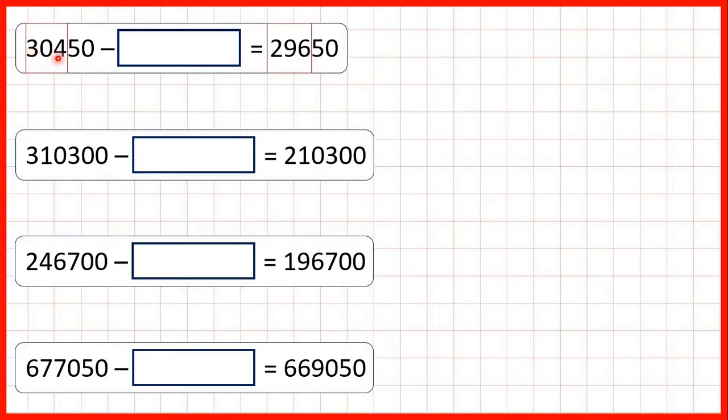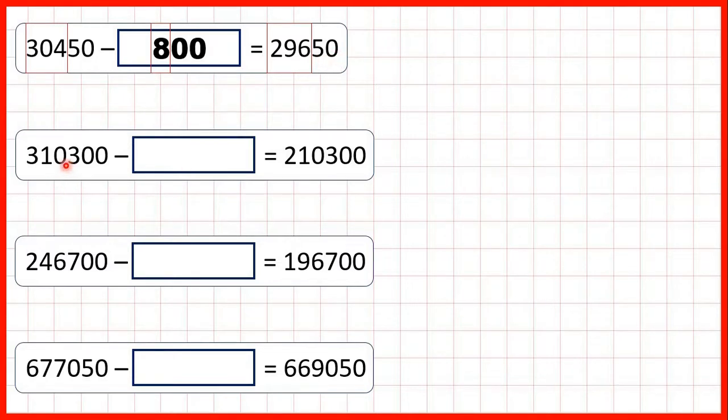We have 304 circled here, and then 296 circled in our answer. Now 304 minus 8 is 296, so our missing number is 800. That's 8 with 2 zeros on the end, because we can see that the last 2 digits of our number, so our tens and ones, have stayed the same.